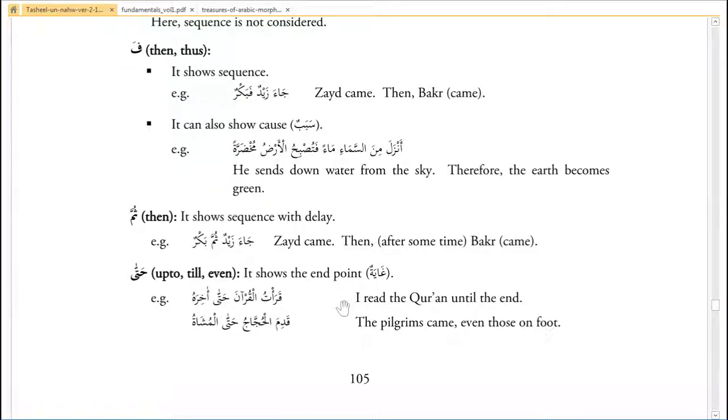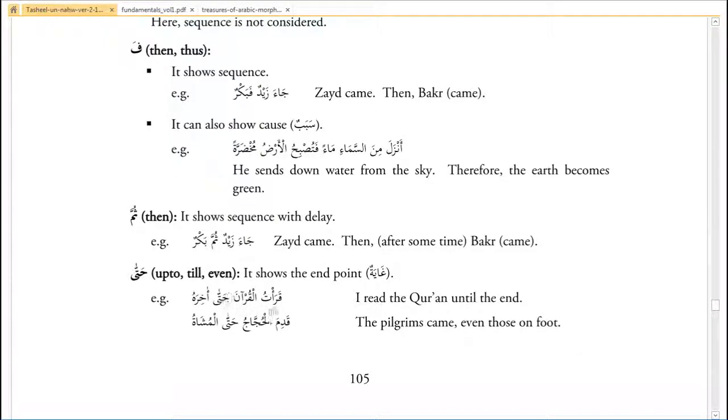I read the Quran until the end. قرأت القرآن, I read the Quran, حتى آخره, until its end. So it comes from غاية, which shows the end point. غاية, the end.